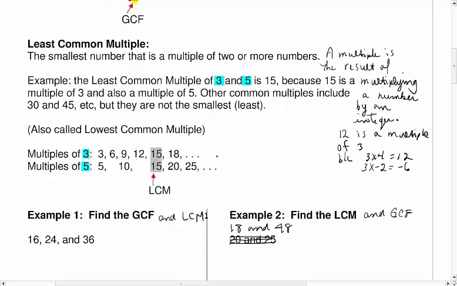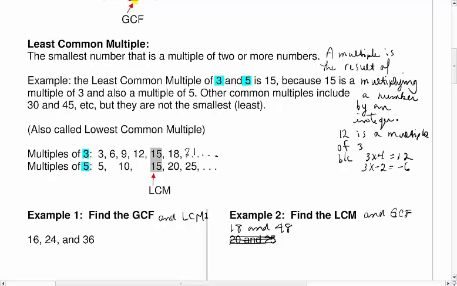And if I want to make the list bigger, I can go 3 times 7 is 21. And I can keep building my list like that, okay? It can go on forever. And all of these numbers, 3, 6, 9, 12, 15, 18, 21, are multiples of 3.